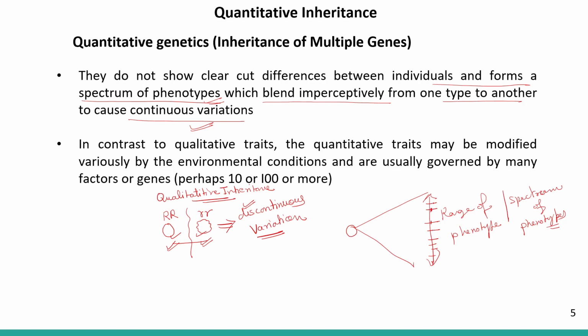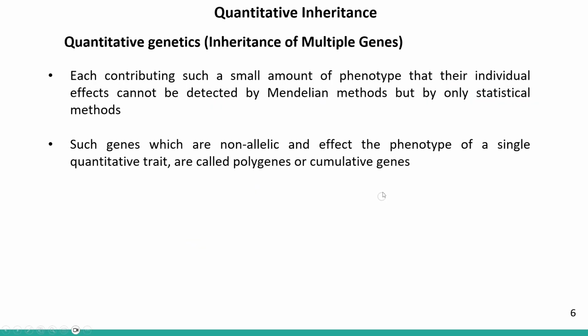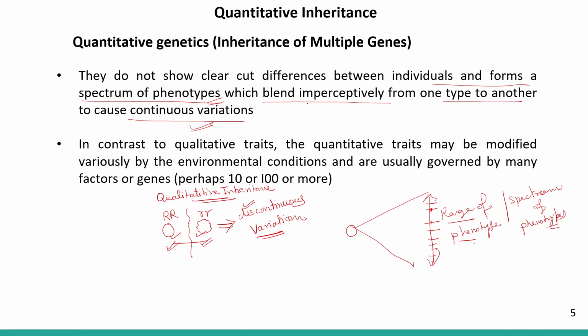So they will not be so different that you can clearly say this phenotype is totally different from that. There will be a range of phenotypes. This means that they blend imperceptibly from one type to another to cause continuous variation.